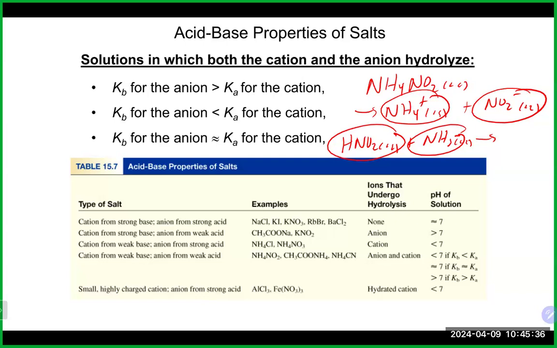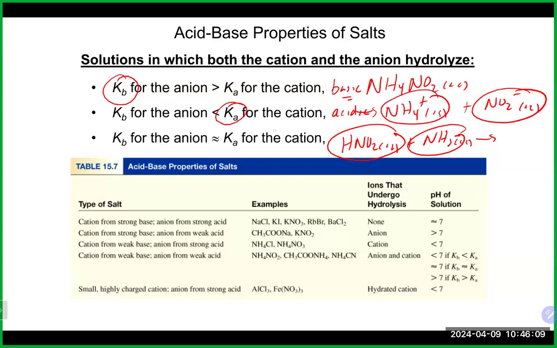So typically what we do in this situation is we actually compare the Ka value to the Kb value. If the Kb value for the anion is greater than the Ka value, then you will basically do the Kb calculation and ignore the other one. If the Kb value for the anion is less than the Ka value, or the Ka value is larger, you would assume that this solution would be acidic, and you would just do the Ka calculation.